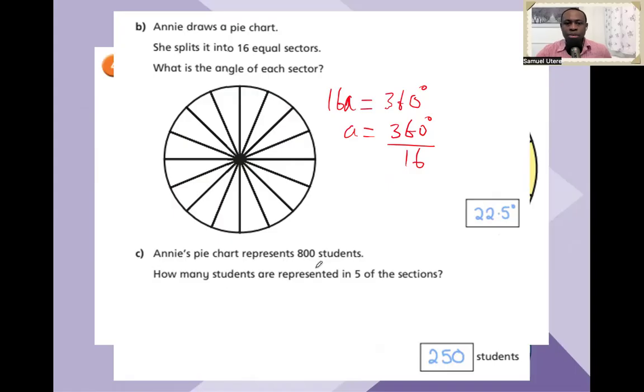Annie's pie chart represents 800 students. How many students are represented in 5 of these sectors? All right.